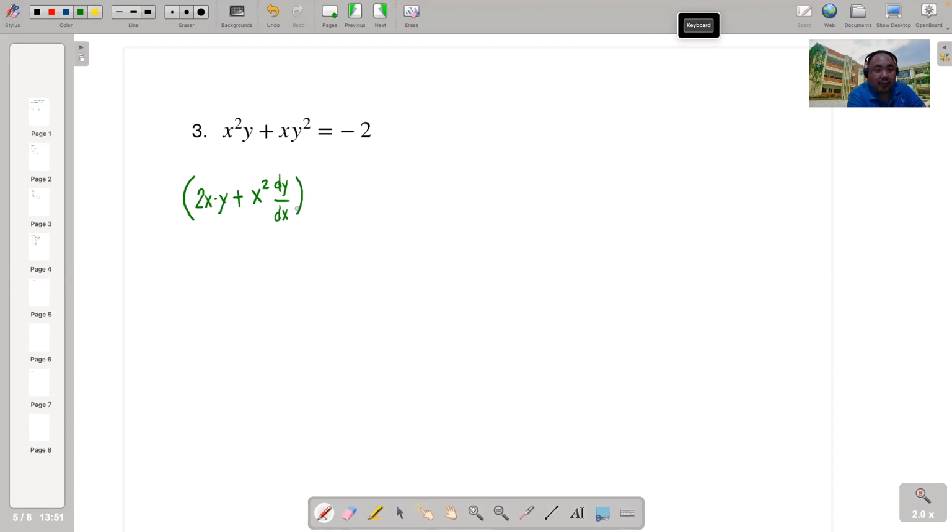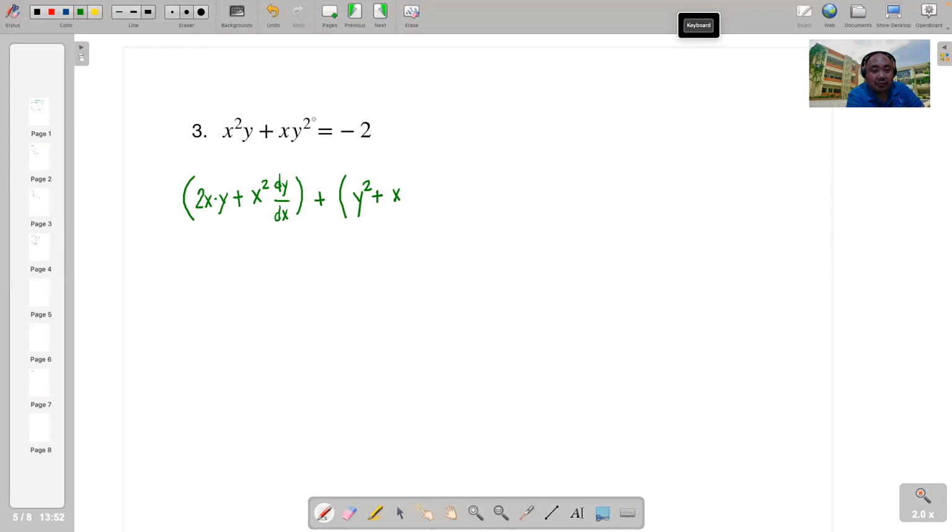Okay. Plus, now, on the second term, we need also to use the product rule. So we have, again, the derivative of the first function, x, so that's 1. Very good. You don't need to write that anymore. Times the second function, y squared, plus the first function, x, times the derivative of the second function.